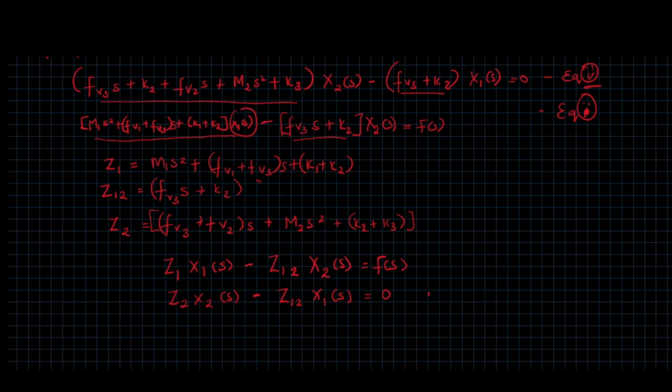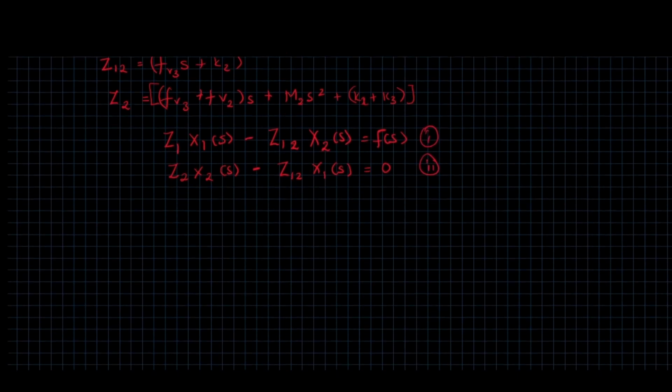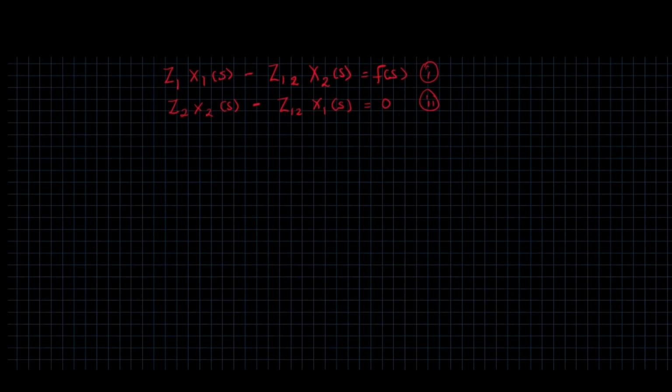Now from this second equation, make X1 the subject of the formula, because you remember what we want is X2 over F of S. So I want to find a way to isolate only X2. I see that here X2 is here. So I can make X1 the subject of the formula here and substitute into this so that all I will have is X2 and F of S. That's just the essence of what I'm about to do now.